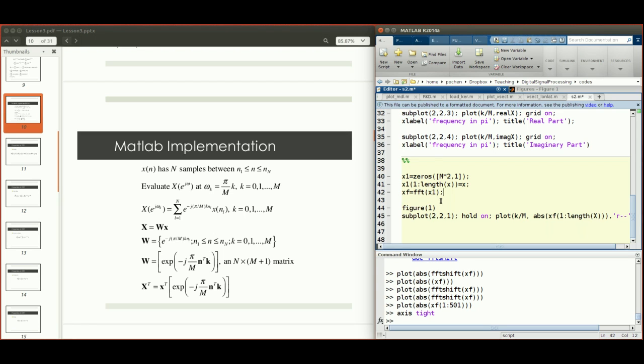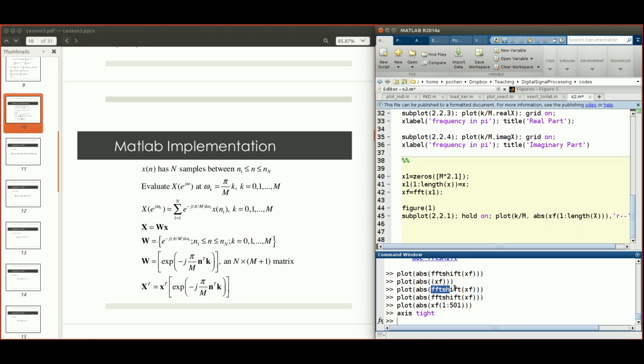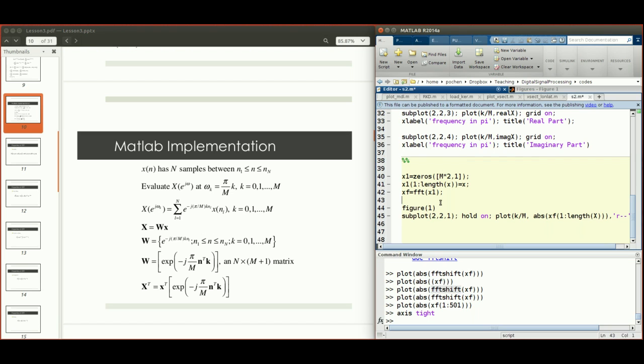Or from minus pi to positive pi, but the negative frequency part actually goes to the back of the output sequence, the second half of the output sequence. You have to shift it using the fftshift function to move the negative frequency to the beginning of the sequence, so that zero frequency is actually at the center, right? So that's another thing that we can learn from this particular example.